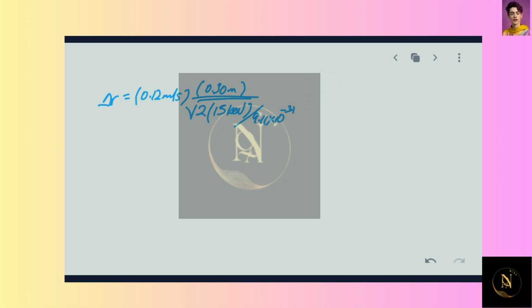Now in this case, of course, we have to convert the keV into joules, and we can do that by multiplying by 1.6 times 10 to the power minus 16 joules per keV. And we should get our delta r to be about 4.78 times 10 to the power of minus 10 meters.